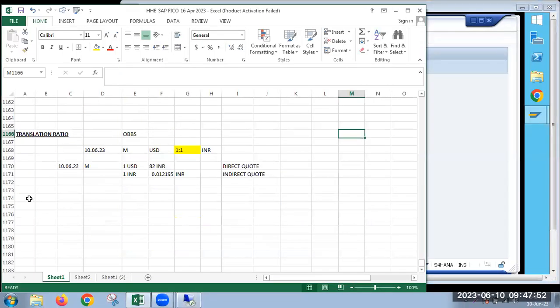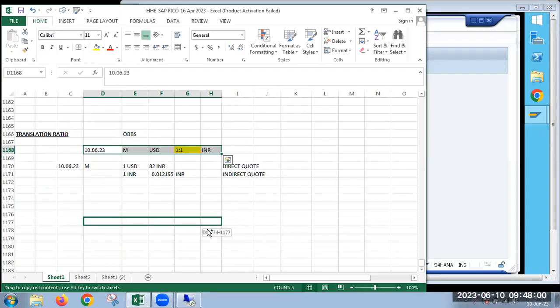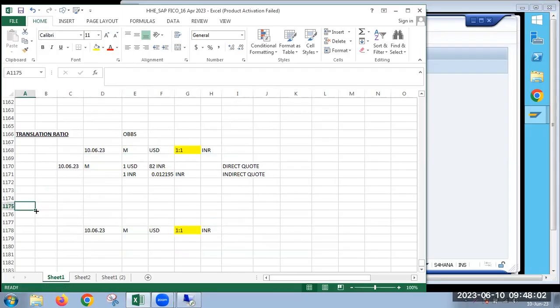Now we have to set up the rate. Again, with the same ratio we will set up the rate, with OB08. Based on the rate type M, from a particular date, the rate from US dollar to INR or INR to US dollar we have to specify by direct quotation or indirect quotation.